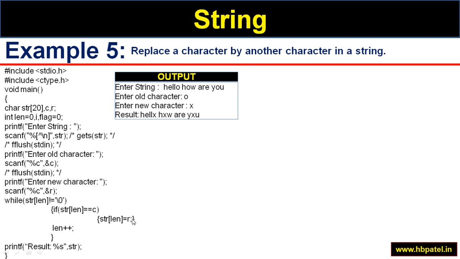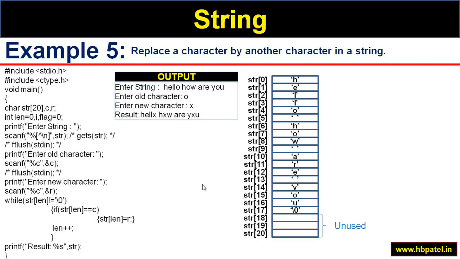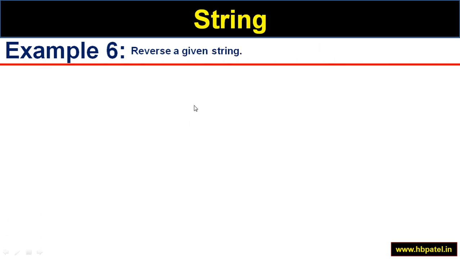So compare this character in the string with this c, and if it is the same, then I'll be putting r. Otherwise just keep on repeating, and once this is over, I'll be printing the resultant string on the monitor. So what do we get? Hello, how are you, and all this o will be replaced by x.